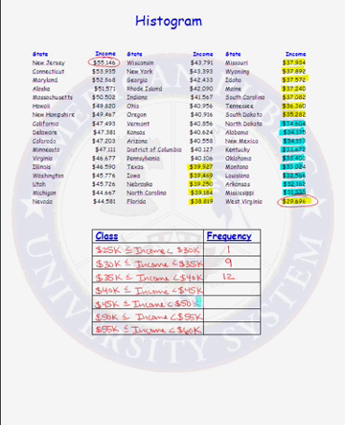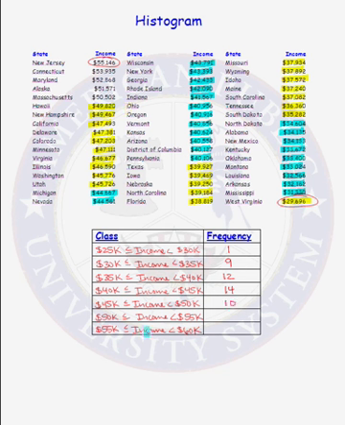How many states with income between $40,000 and $45,000? 1, 2, 3, 4, 5, 6, 7, 8, 9, 10, 11, 12, 13, 14 states. How many states have incomes between $45,000 and $50,000? 1, 2, 3, 4, 5, 6, 7, 8, 9, 10 states.